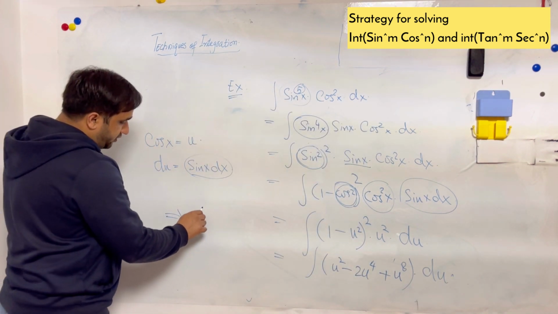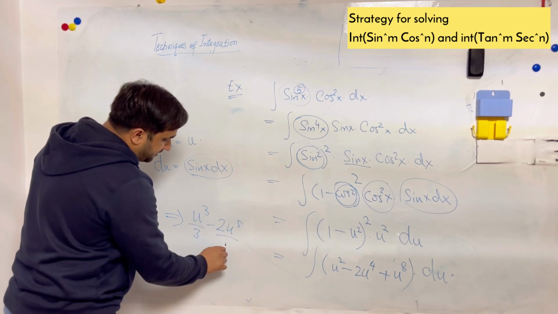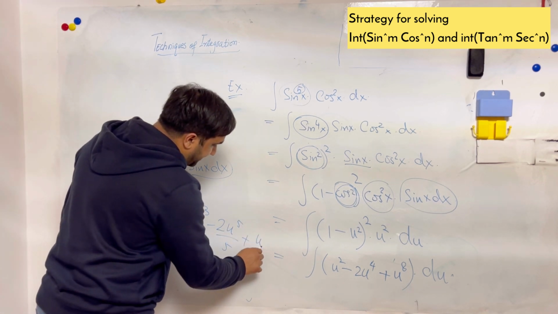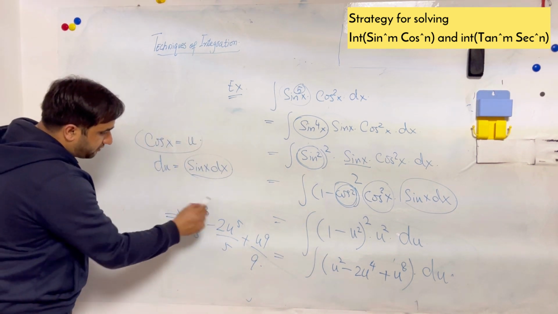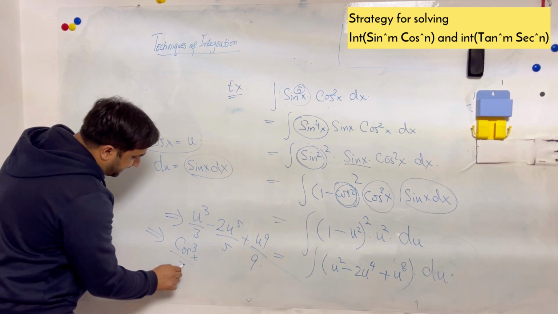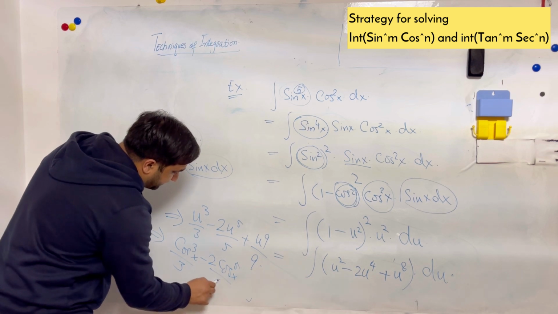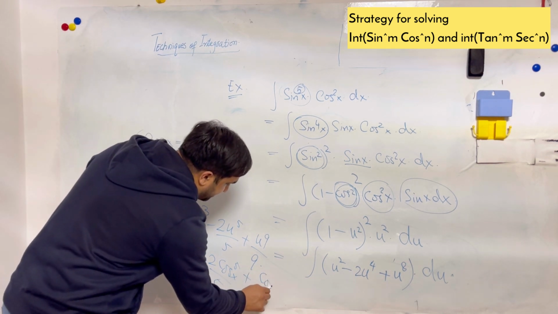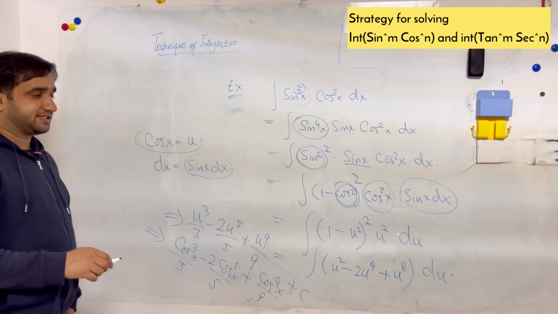It will become u cube by 3 minus 2u to the power 5 by 5 plus u to the power 9 by 9. Now you know that u is equal to cos x, so you can go back to the original variable. So it will become cos cube x by 3 minus 2 cos to the power 5 x by 5 plus cos to the power 9 x by 9, plus a constant of integration.